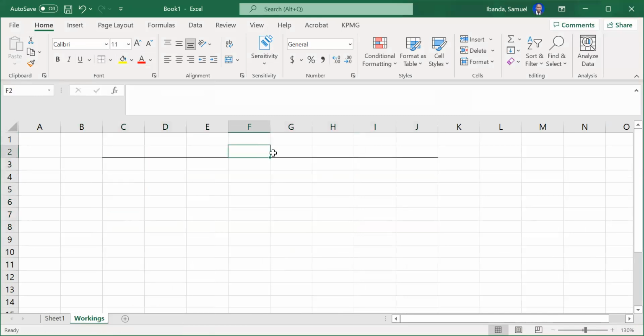One of the advantages of control accounts is to determine credit sales. So for me to determine credit sales, I'm going to draw up a sales ledger control account.